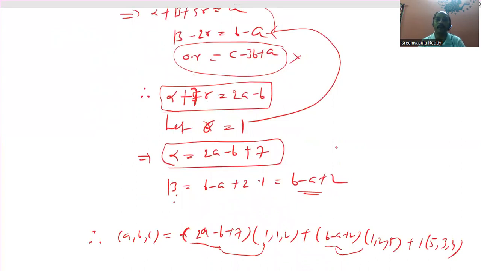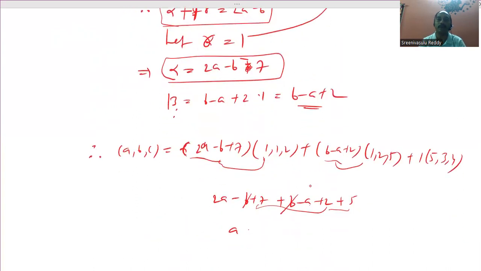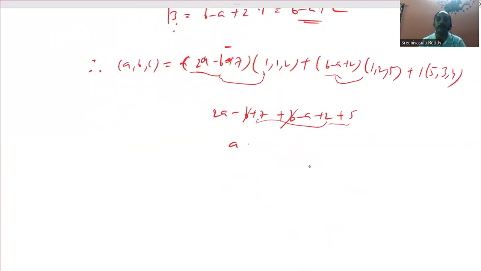Now here minus 7, minus 7. These two are cancelled. A minus 2A plus A. The second component also you observe.